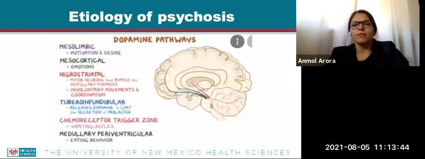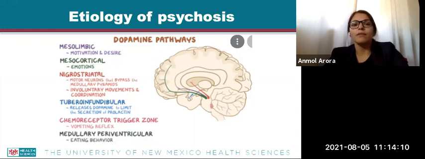Now we can talk a little bit about where psychosis occurs. There are several different dopamine pathways, and dopamine modulates brain functions such as our thoughts, our movement, our ability to get engaged in daily activities, motivation, and ability to have interest and rewards based on our day-to-day activities, such as even walking and talking.